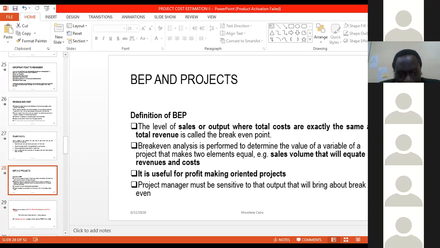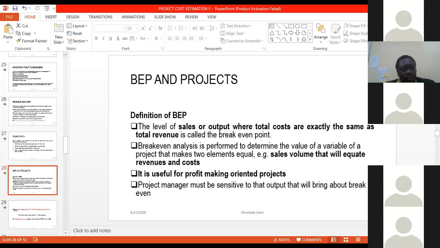For any projects we consider, especially those that have elements of profitability, it is important to consider the break-even point.